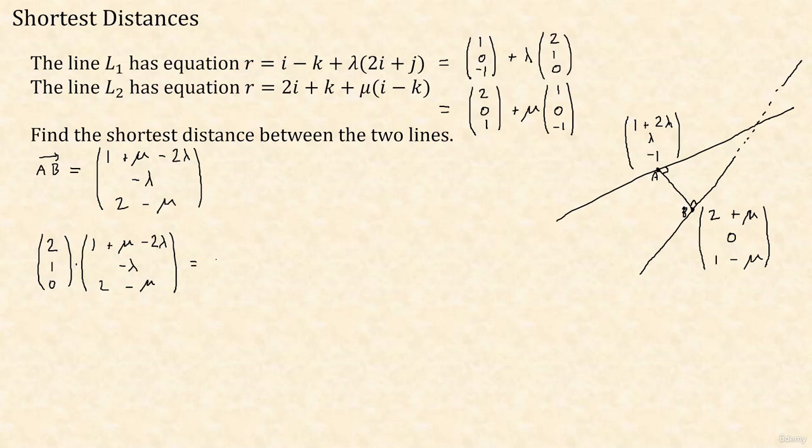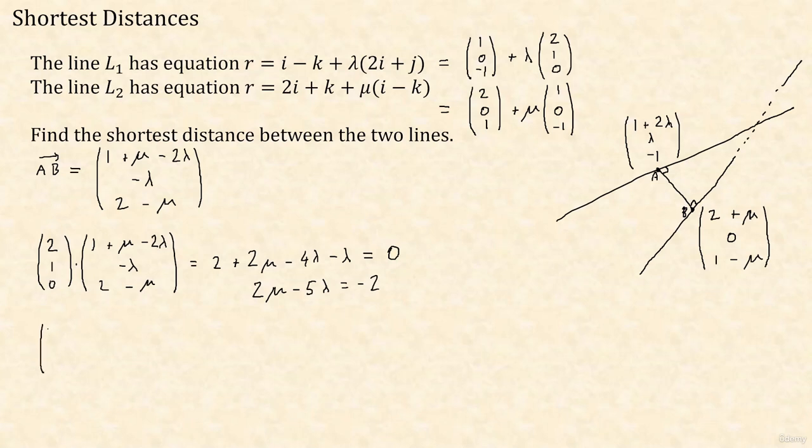So I get 2 plus 2 mu minus 4 lambda. And the next line is minus lambda, and the final line is 0. So all of that's equal to 0, and so if I neaten that up a little bit, I get 2 mu minus 5 lambda equals minus 2.